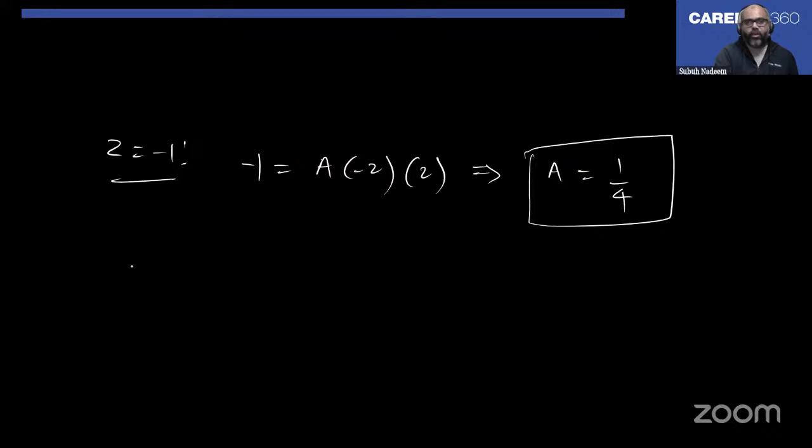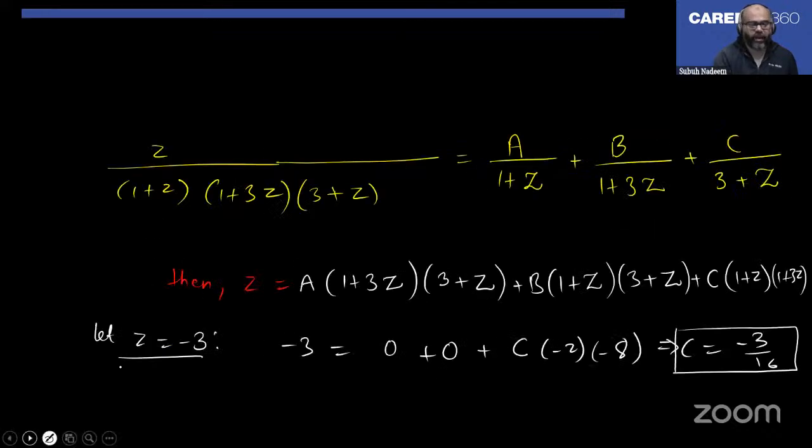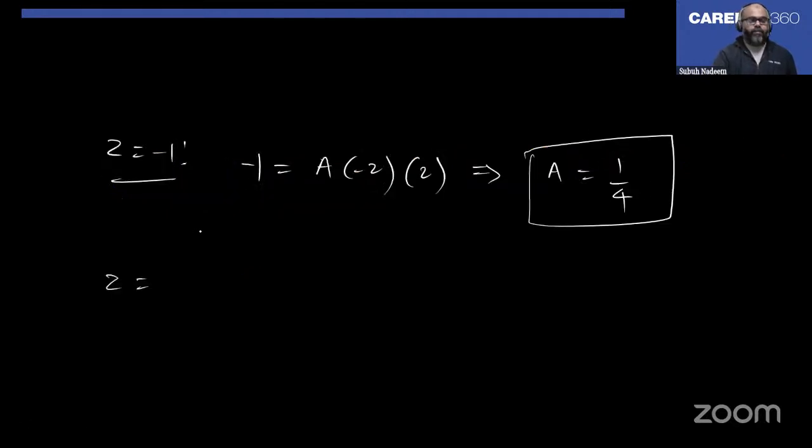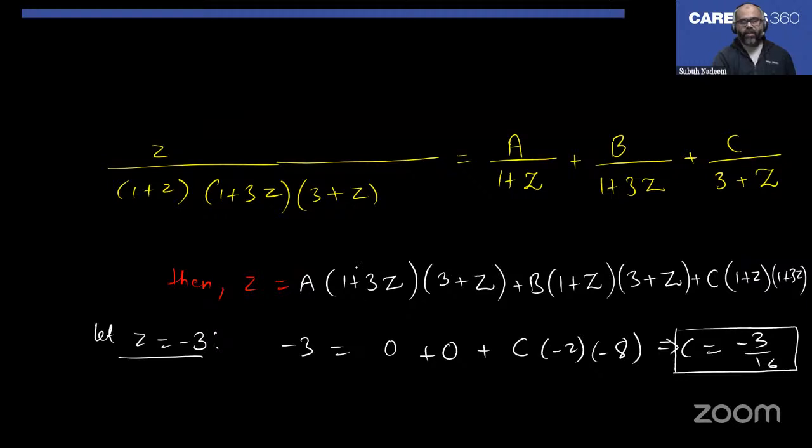Now we find b also. So for that, let us put z is equal to minus 1 by 3. So this will be minus 1 by 3 is equal to, here it will become 0 because 1 plus 3z will become 0. This minus 1 by 3, when you will put here 1 minus 1 by 3, that will be 2 by 3.